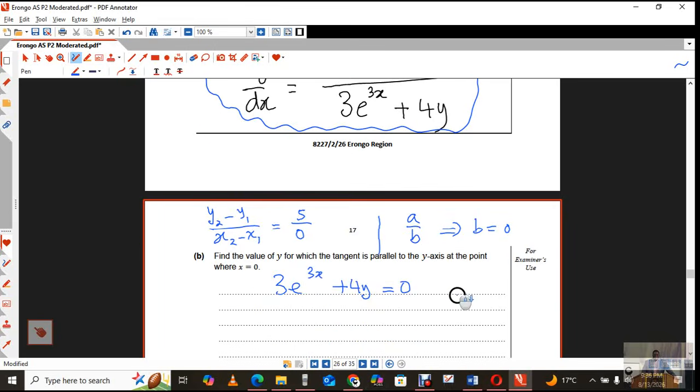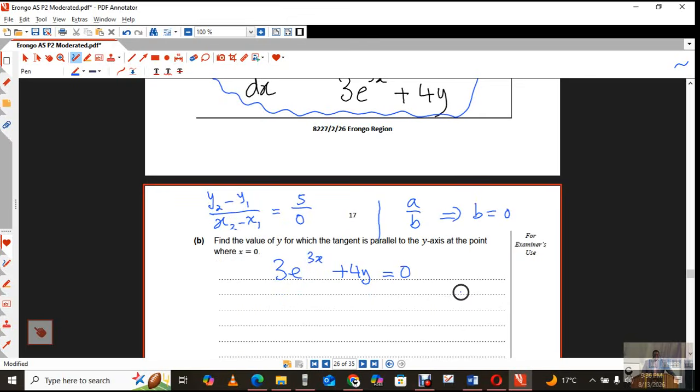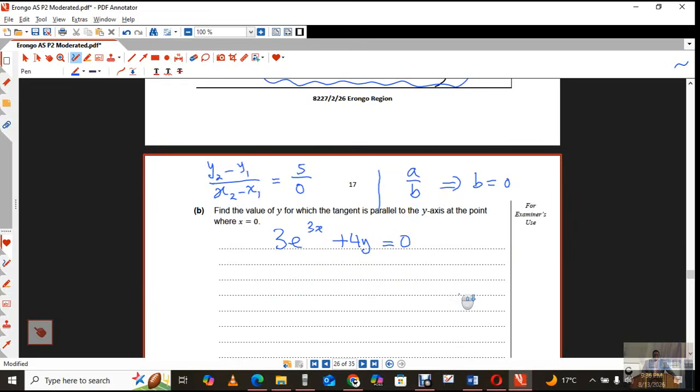And that's not all. They're also telling you to find the y value where x is equal to 0. So where you have an x, you're typically going to substitute. Where you have e, most of the time x will be 0 in order for that e to disappear. So that is 3 times e^0 plus 4y is equal to 0. Remember, we're looking for the value of y.